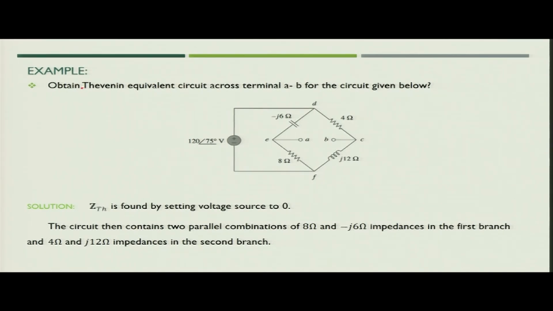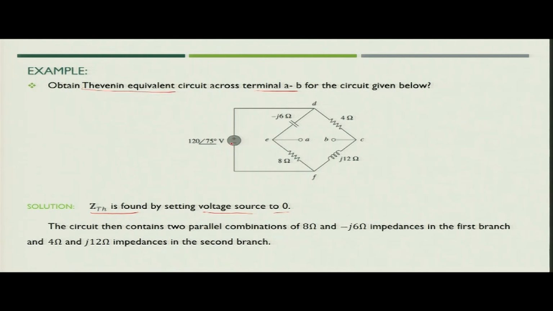First, we will use the Thevenin's theorem to find the Thevenin equivalent across the terminal AB of the circuit given in the example. So, here first we will find the value of ZTH. ZTH is nothing but the impedance seen from terminals A B while setting the voltage source equal to 0. Setting voltage source equal to 0 means the voltage source will be short circuited and current source will be open circuited. So, in this case we are having one voltage source.